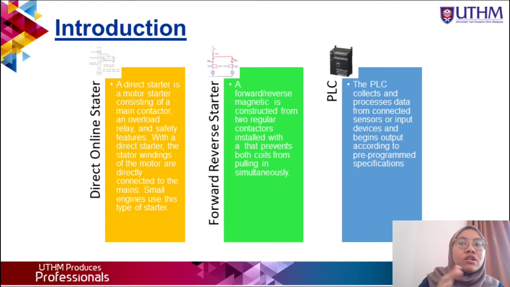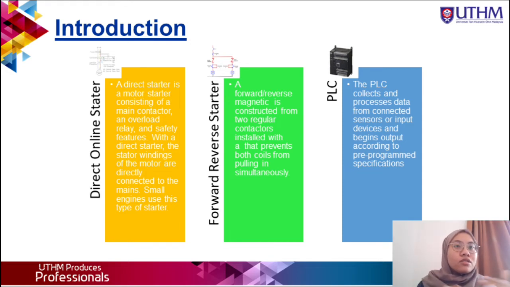So how the interlock works is, when we push the forward push button, the motor will run clockwise, and when we try to press the reverse push button, it will not change until the stop button is pressed.